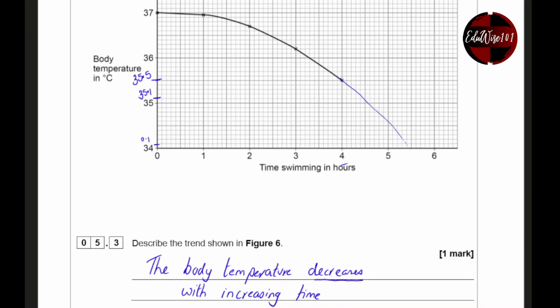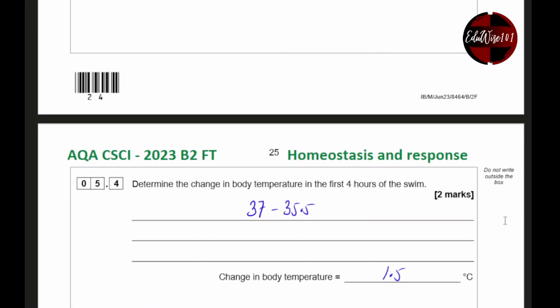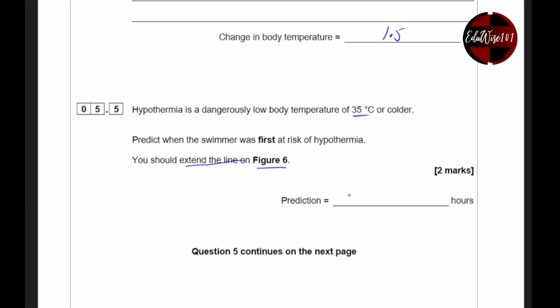So I'm not looking at this point. They're saying when they reach 35 degrees is somewhere there. So this is 4.5, and that's one more box, 4.6, around 4.6 hours.